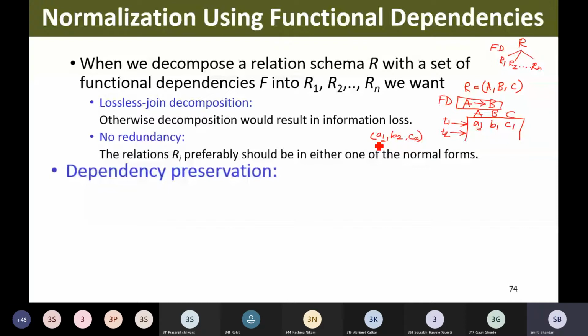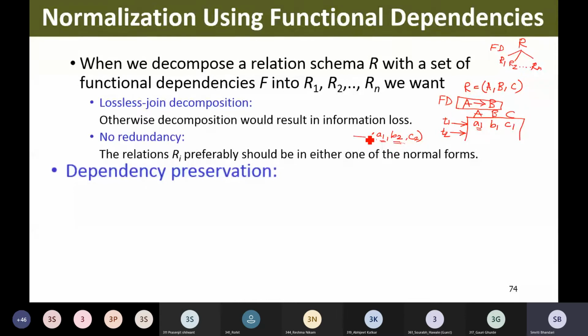If I try to input A1, B2, C2, then for these two tuples, the value of A, that is A1, matches. Then with this dependency A determining B, I must have the value of B as B1. But I am inserting the value of B as B2. So this functional dependency is not satisfied.